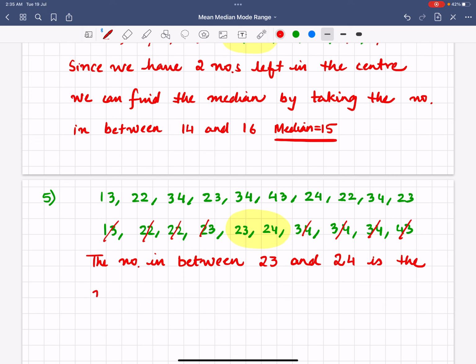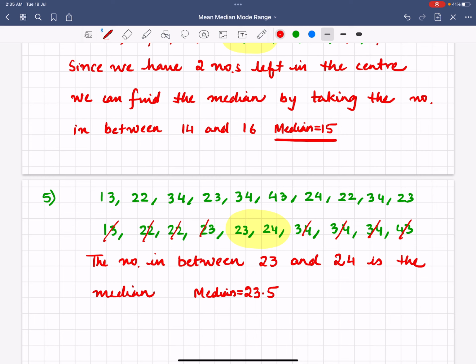So what is the number which is exactly in between 23 and 24? The number is 23.5 and that is the median. Therefore, the median is 23.5.